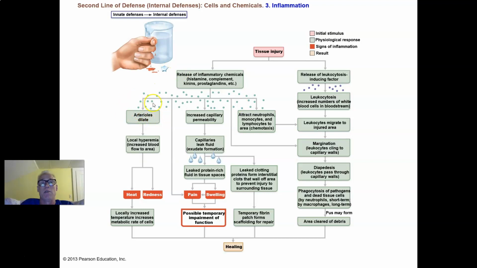And you know that when vasodilation happens, there's an increase in hydrostatic pressure in the capillaries, and that drives capillary filtration. So we should have another arrow coming from arterioles dilate, increase hydrostatic pressure in the capillaries, and then that causes exudate formation. So it's not just the increase in permeability, as you know.